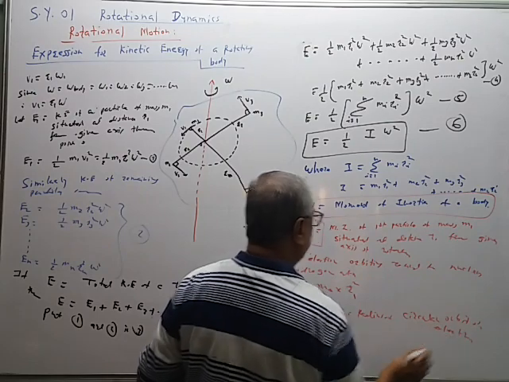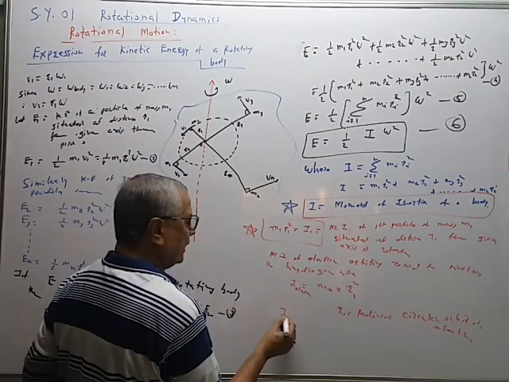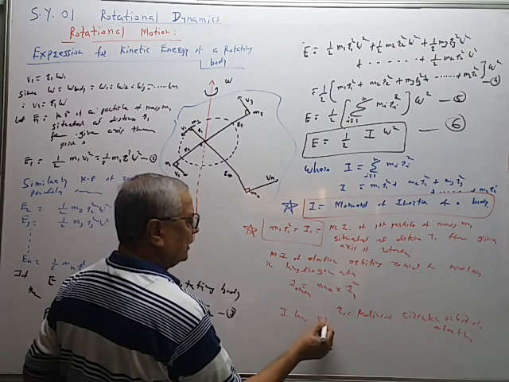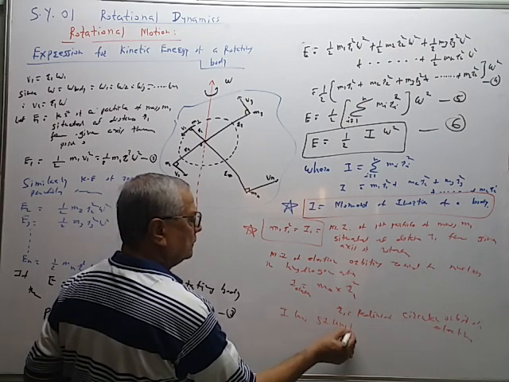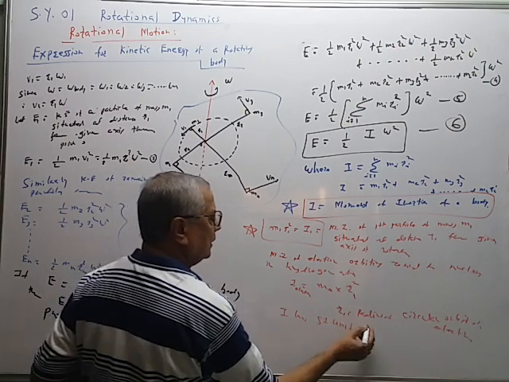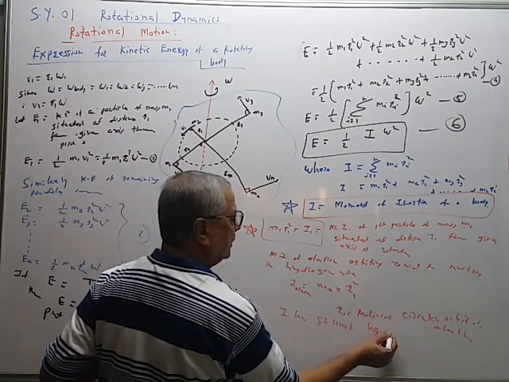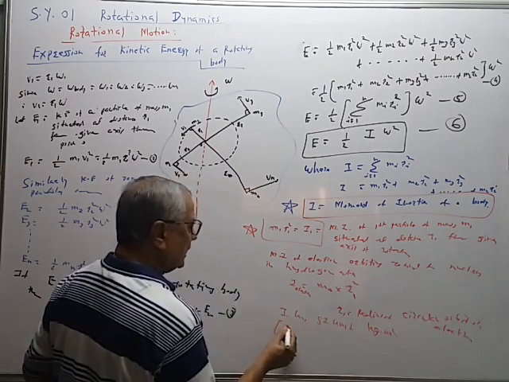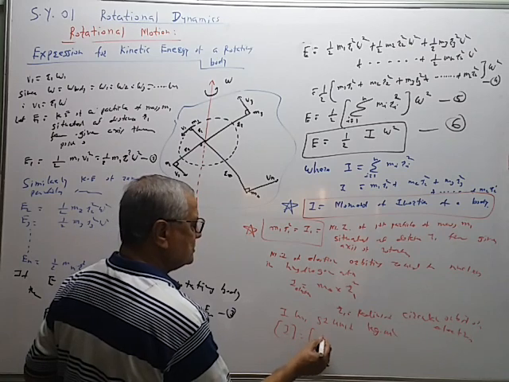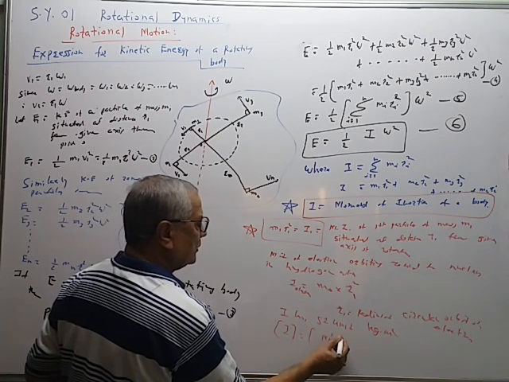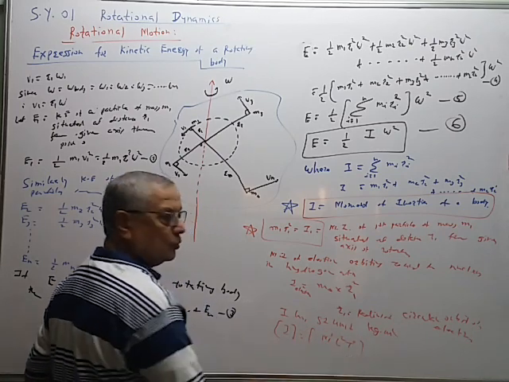So I has SI unit kg, mass in kilogram, into meter square. I has dimensions M raised to 1, L raised to 2, T raised to 0.